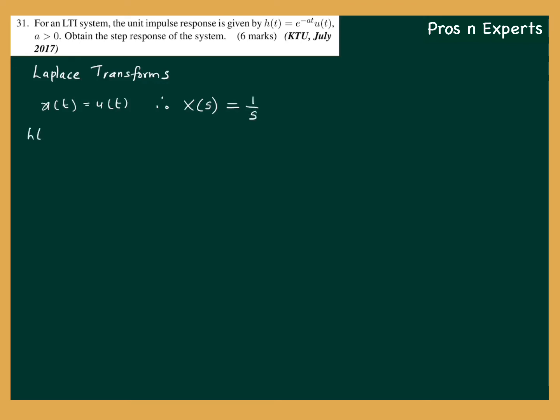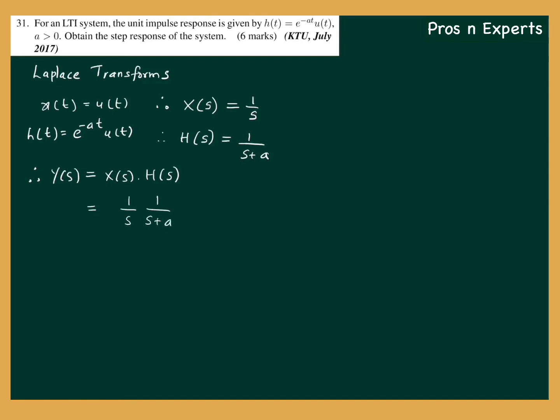Okay. And also given h of t equal to e raised to minus at u of t. Therefore, the Laplace transform of h of t is given by H of s is equal to 1 by s plus a. These are standard results. And we know Y of s is equal to X of s into H of s, which will give you 1 by s into 1 by s plus a.